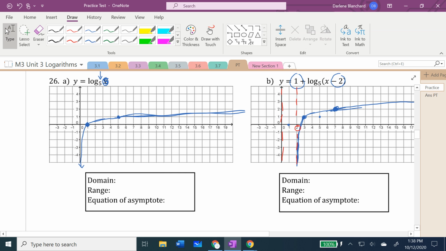The domain: logarithms only get positive numbers in their domain. And when I move it horizontally, that moves the domain, but the range is everything.